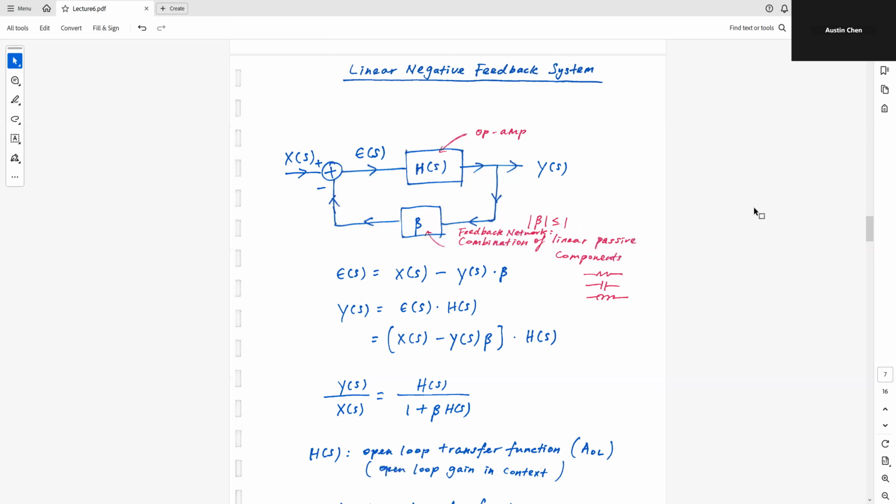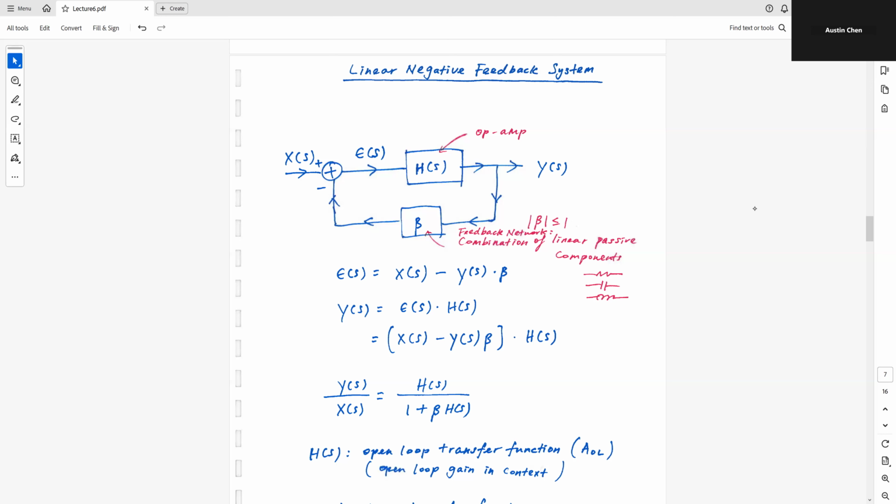Negative feedback. Now I'd like to spend a little bit of time introducing this feedback system at a high level, and then we will talk about why you need negative feedback and what a negative feedback system looks like. So I'm just going to use some simple block diagram.